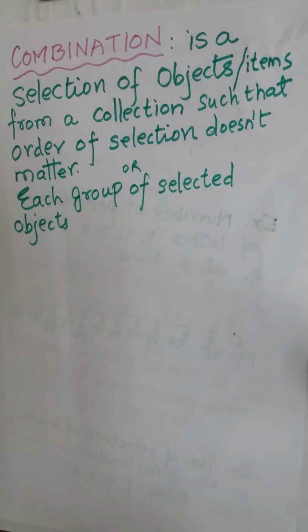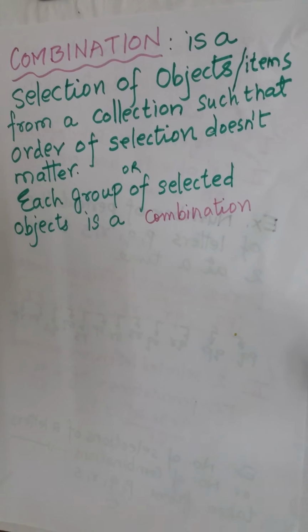Collection means a number of objects are already given, let's say 7 or 5 or 10 objects, out of which we have to select some objects, such that the order of selection doesn't matter. Or we can say that each group of selected objects is a combination.